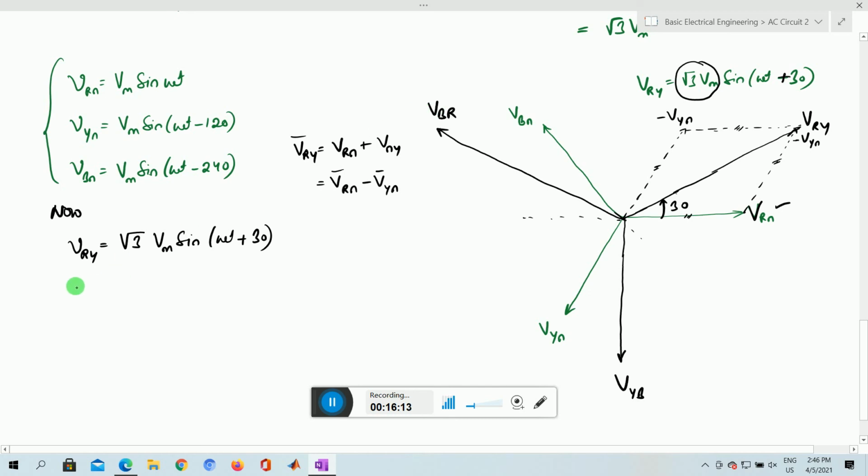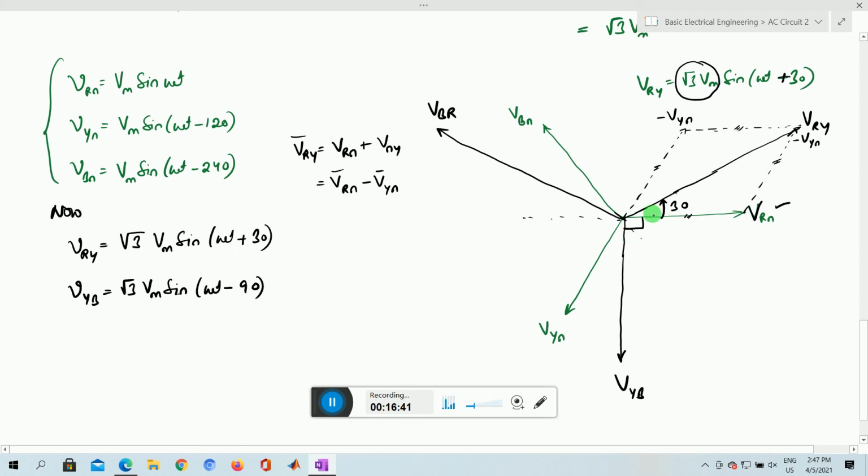We can get the expression of the instantaneous value VYB equal to √3 times Vm sine of omega t, 30 minus 120, that is minus 90. You can see here this is 30 and this is 90. So VYB is lagging VRY by an angle of 30 degree.